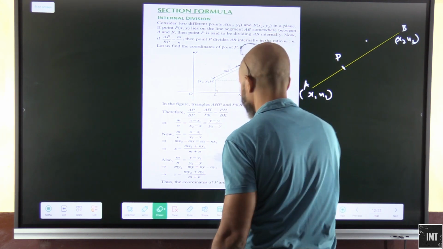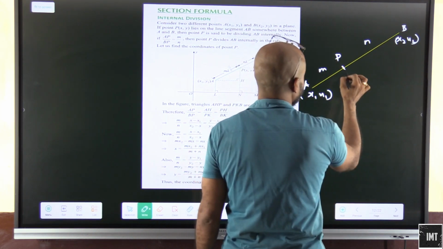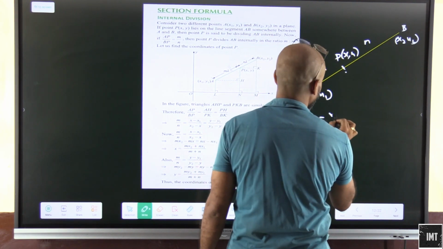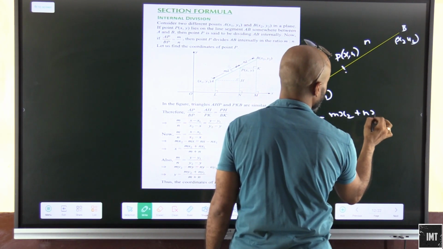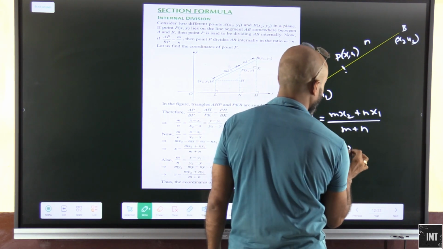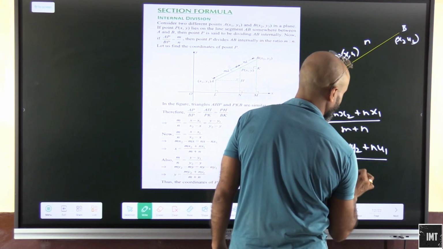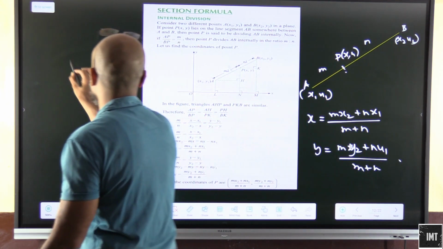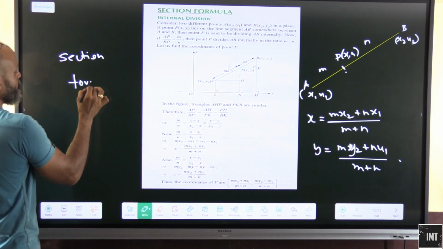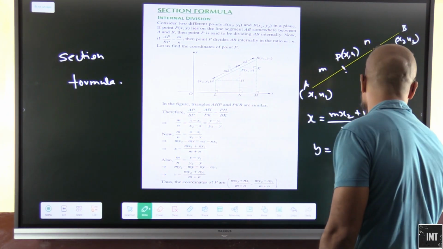If we take this as m and this as n, and P has coordinates x and y, then x can be written as m x2 plus n x1 upon m plus n, and y can be written as m y2 plus n y1 upon m plus n. This is your section formula. I don't think we need much of a reiteration here. The proof is given here, but this is something that we have already learned in the lower standards.